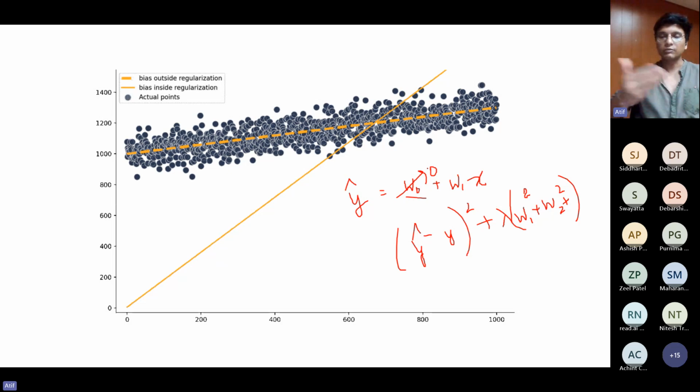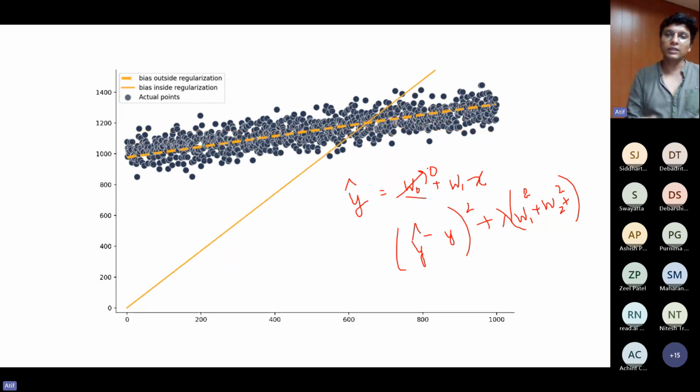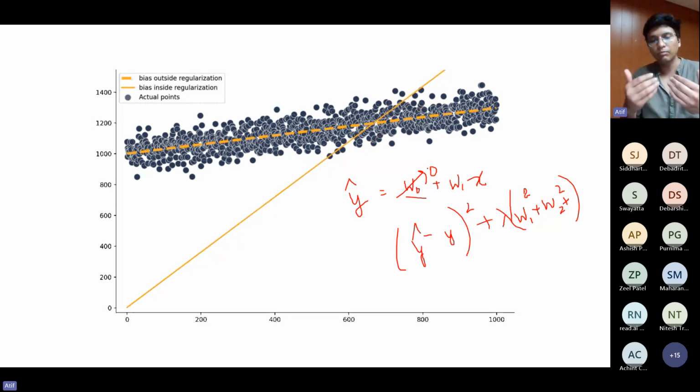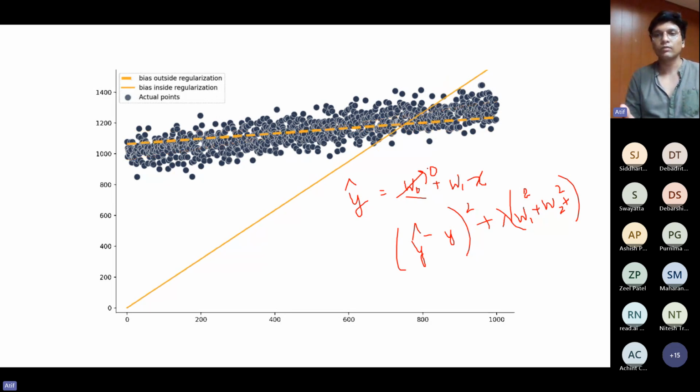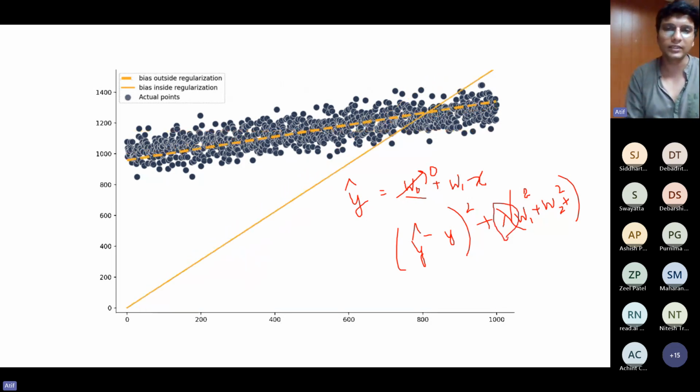You can also try this. If you set the bias to 0, you won't get very good performance. Maybe you can, maybe you won't. There's no guarantee, but it's best to let the network learn. If the dataset requires the bias to be set to zero, the network will learn to set the bias to zero, and if not, then it'll set some value. Here I've taken a very large w, extremely large, so this is a very exaggerated example.